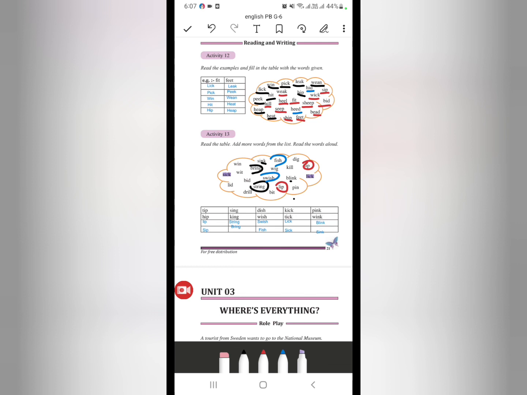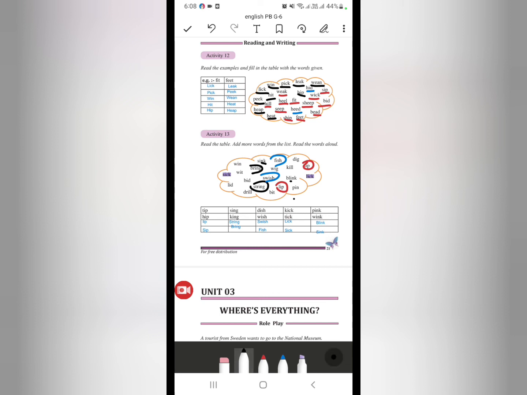Dish, wish, swish, fish. Dish means a plate or something, a thing on which food is kept. Wish means if you wish someone, that is a wish. Fish means fish.